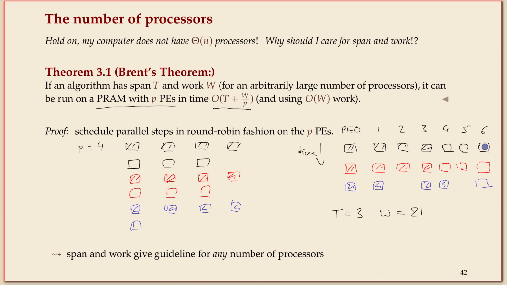Now we just need a bound on M. So here we used M processing elements on this side instead of the P that we have. And we can use the work and time to get to this. So the work is M times the time. So we can solve for M.